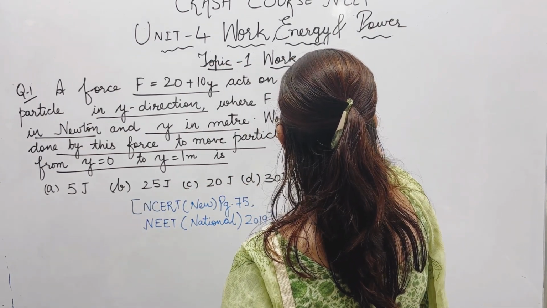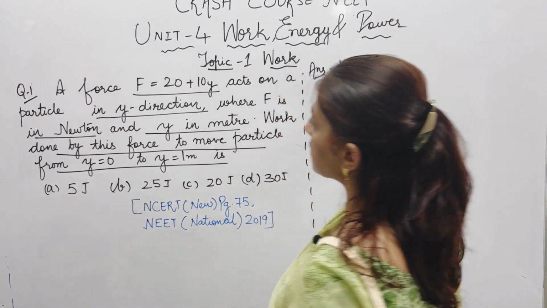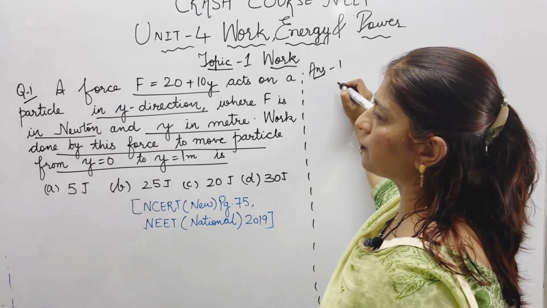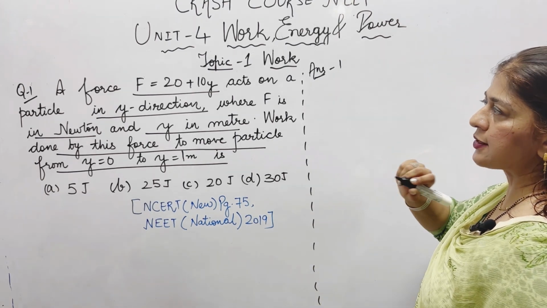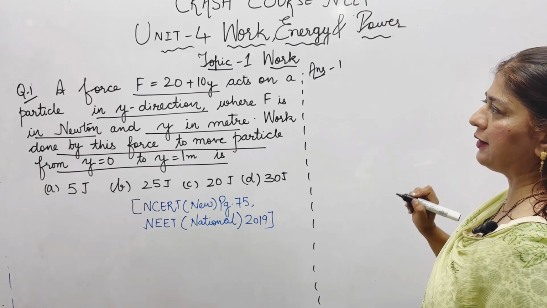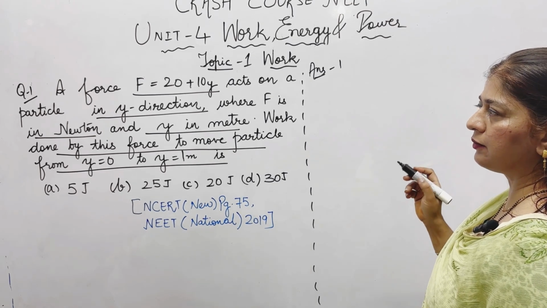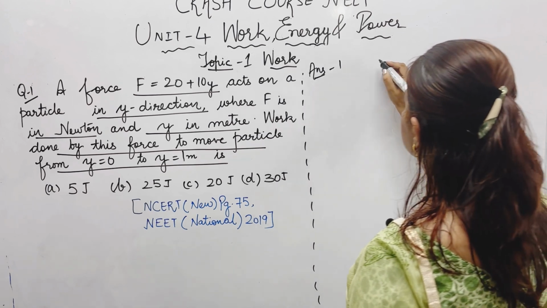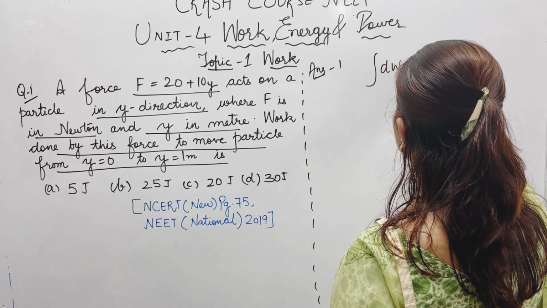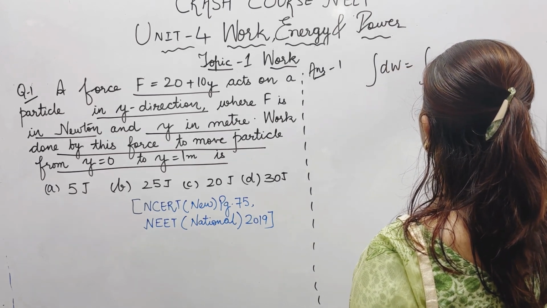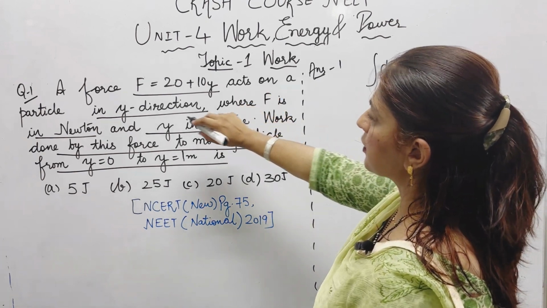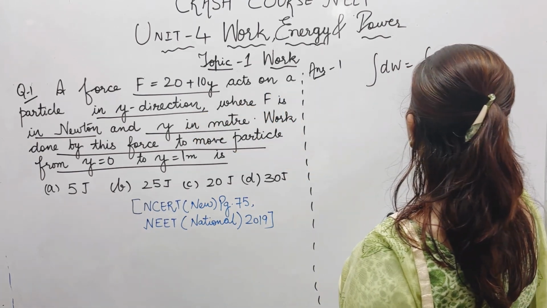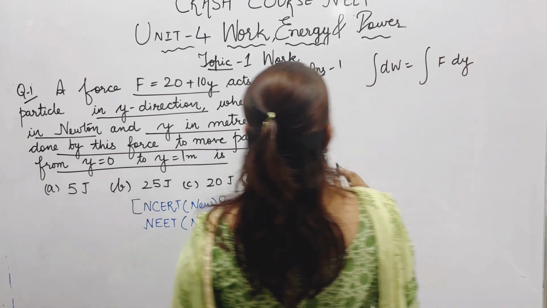So, to solve this question, just remember the concept where we have talked about the force that is variable in nature, and the work done for that is given by the relation like this. According to this, it is moving in y direction, so we have taken dy here.